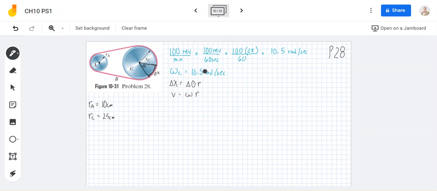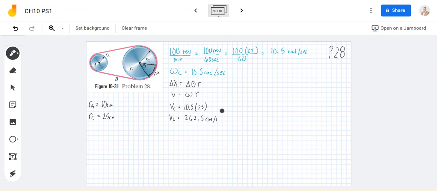The linear speed of C, the belt around C, is equal to my angular speed, 10.5, times the radius, which is 25. So I have 262.5, and since we multiplied by centimeters, that would be centimeters per second.